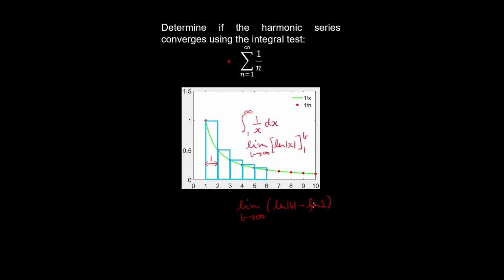And as we can see, the natural log of 1 is 0. And as b goes to infinity, so does the natural log of b. So therefore the series diverges. So even though these terms keep getting smaller and smaller, the rate of convergence is very slow. So the sequence of partial sums will never converge.